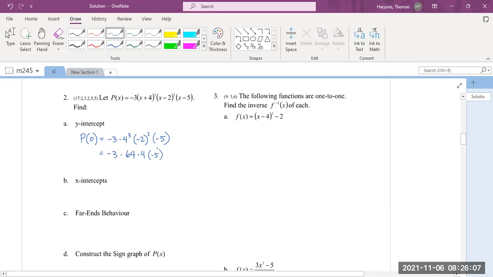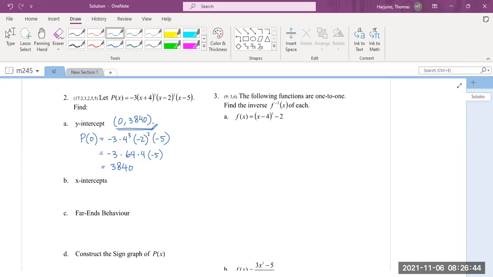That's 3 times 64 times 4 times 5, and that's positive, so that's 3840. There are two negatives to multiply, which becomes positive. So the y-intercept is (0, 3840). Remember, x-intercept and y-intercept have to be written as coordinates.